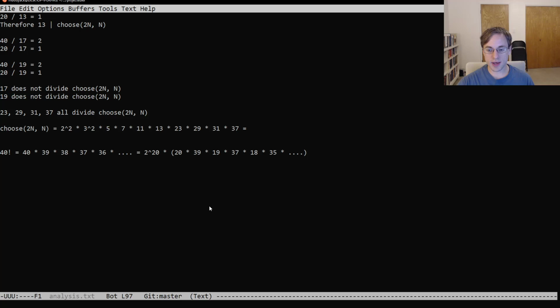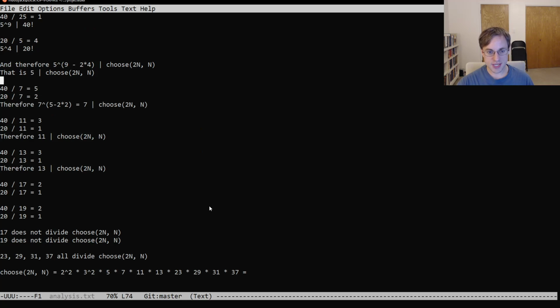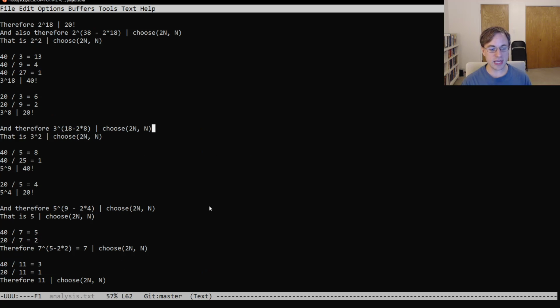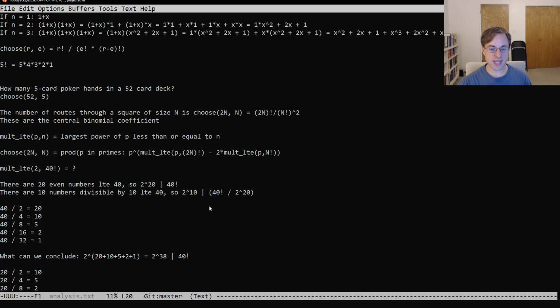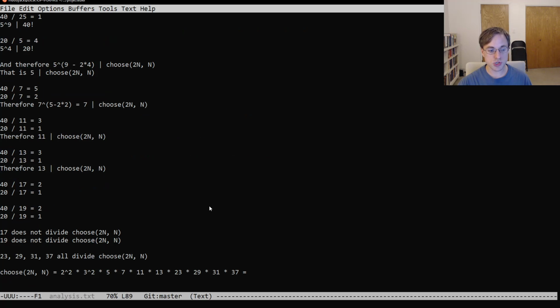Now again, this was a little bit long and tedious, but I think a good takeaway from this process is determining the divisors of n factorial for some value of n. Using the technique that I'm describing here is a good tool to have in your toolbox.